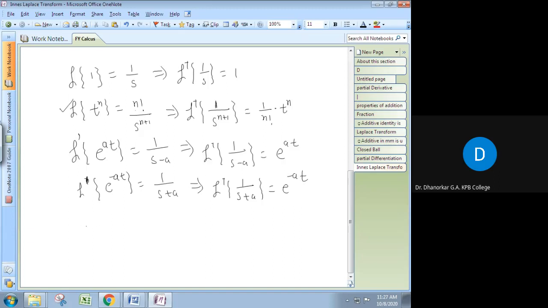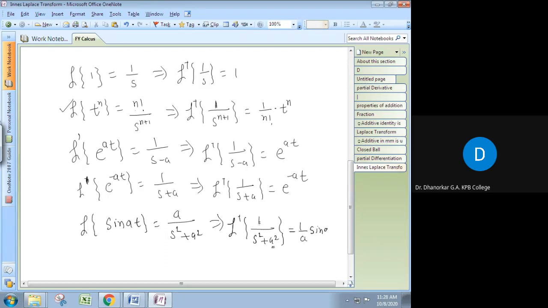Now the Laplace transform for the sine function: Laplace transform of sine of at is a divided by s square plus a square. Then we can write L inverse of 1 divided by s square plus a square. Here we should have a in the numerator, but it is only 1. Therefore we have to adjust by multiplying and dividing by the constant a.